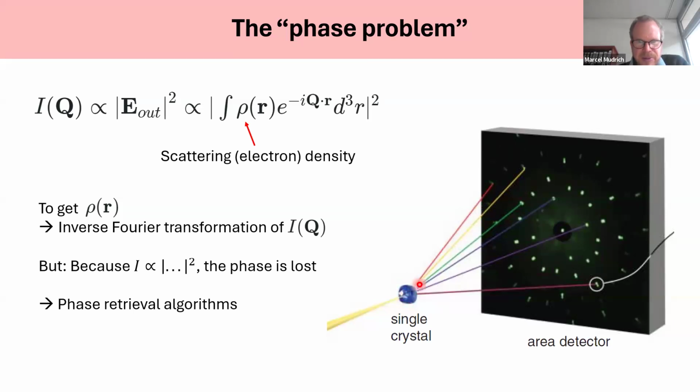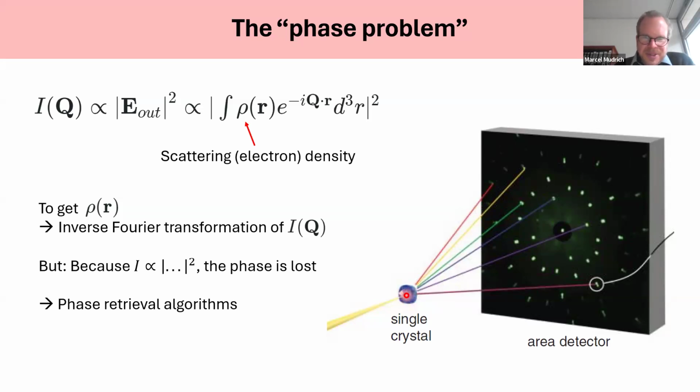In the end, we want to learn about the structure of the crystal. So what we have to do is, from the intensity distribution, in principle, do a Fourier back transformation to get the real space distribution.